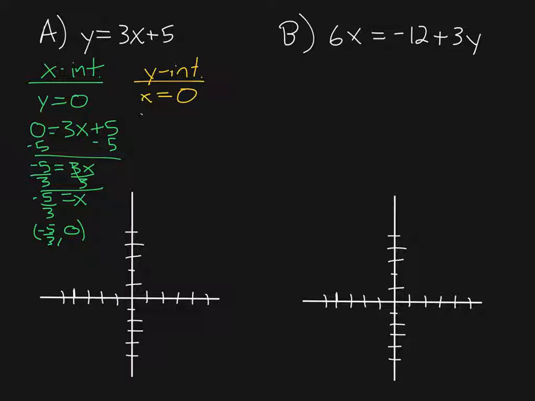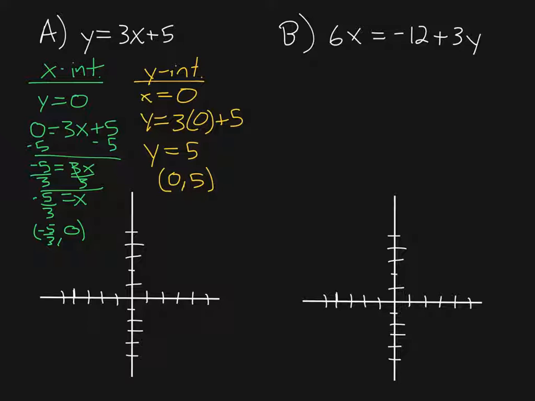So we plug that in to our equation. Y equals 3 times 0 plus 5. 3 times 0 is 0. 0 plus 5 is 5. So that one's actually a little bit shorter. Y equals 5. So we have the coordinate of our y-intercept. X is 0 and y is 5.